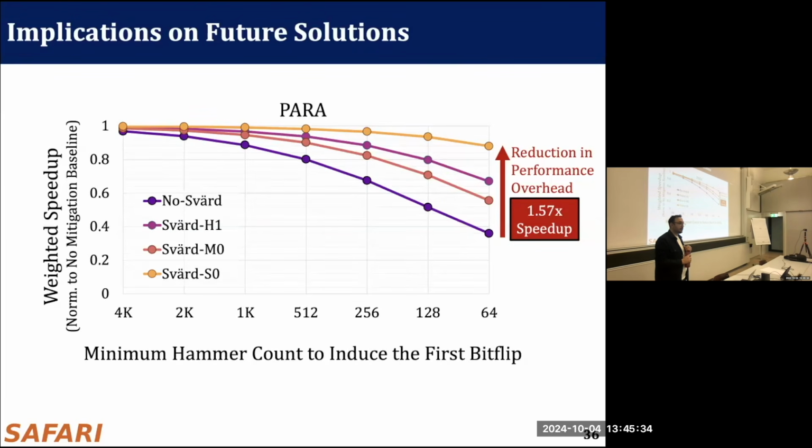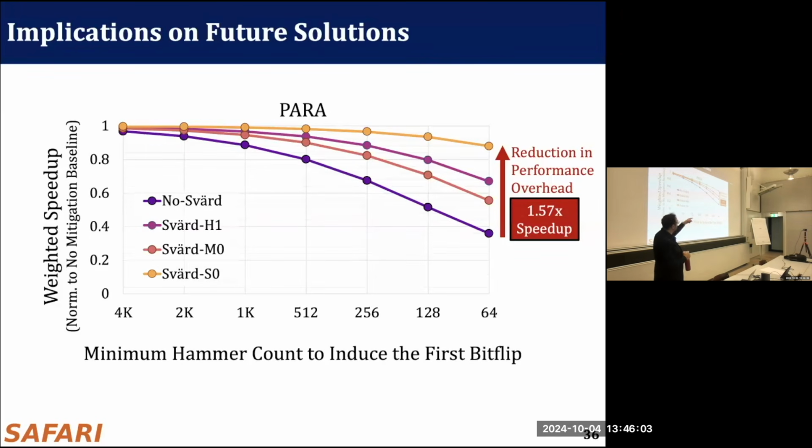Yeah. So we have a security analysis of that as well, actually. If you're talking about this point, for example, the RowHammer threshold is 64, right? At 64, it means that the worst row you have in your bank experiences bit flips at 64, and you have other rows that will not experience bit flips until, for example, 10,000.